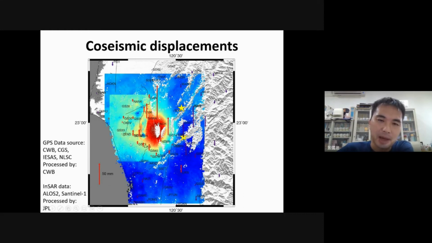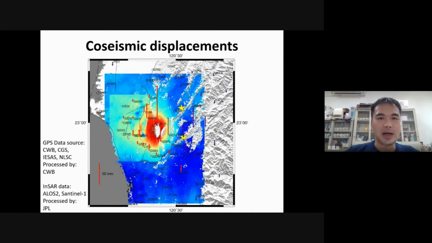Based on this pattern, I would guess that all of this area is uplift, but based on the InSAR results, we found that this blue region is subsidence during the earthquake, and subsidence once again over here.